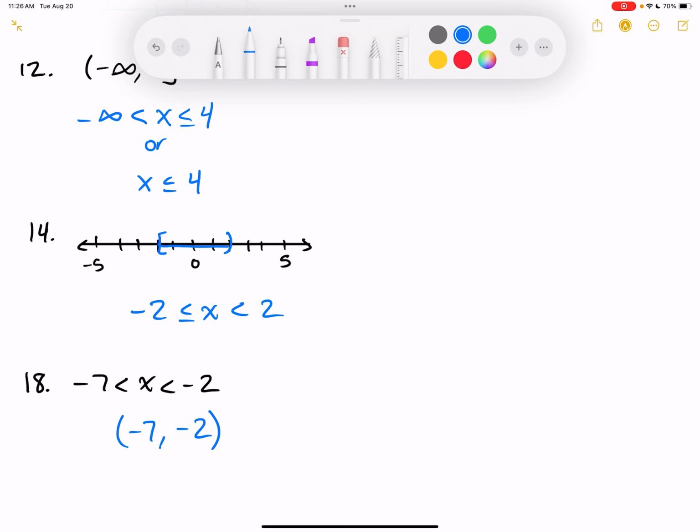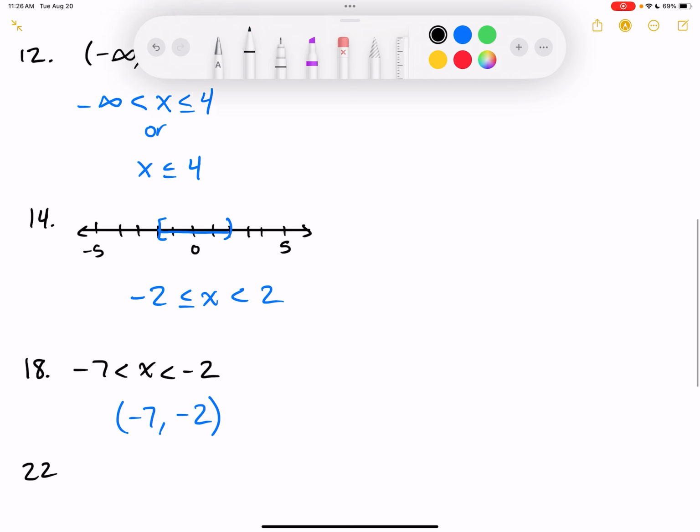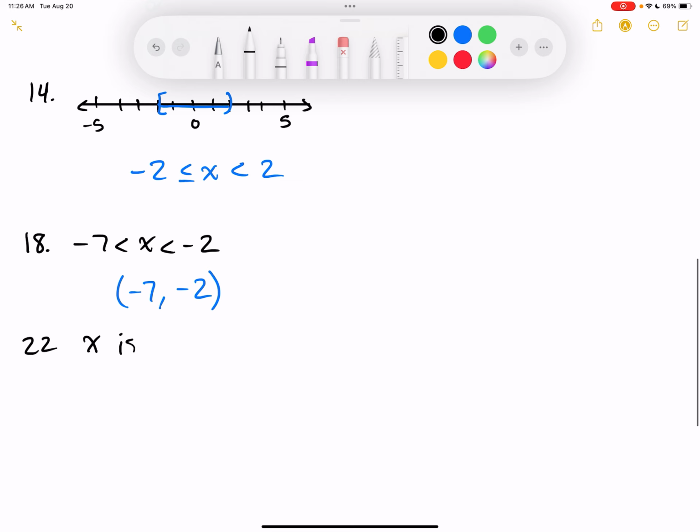All right, how about number 22? X is positive. So, negative infinity... but what are we basing this off of? Positive infinity. Exactly what it says.